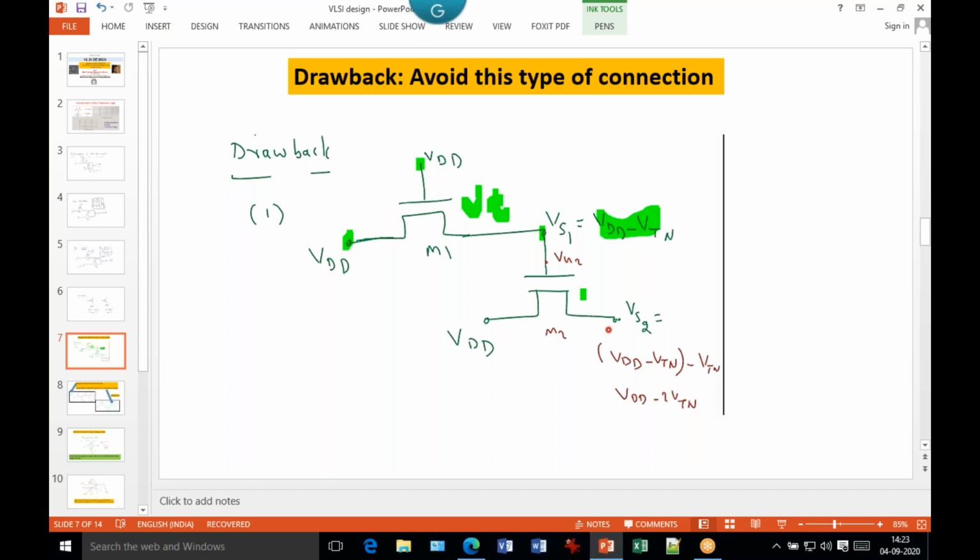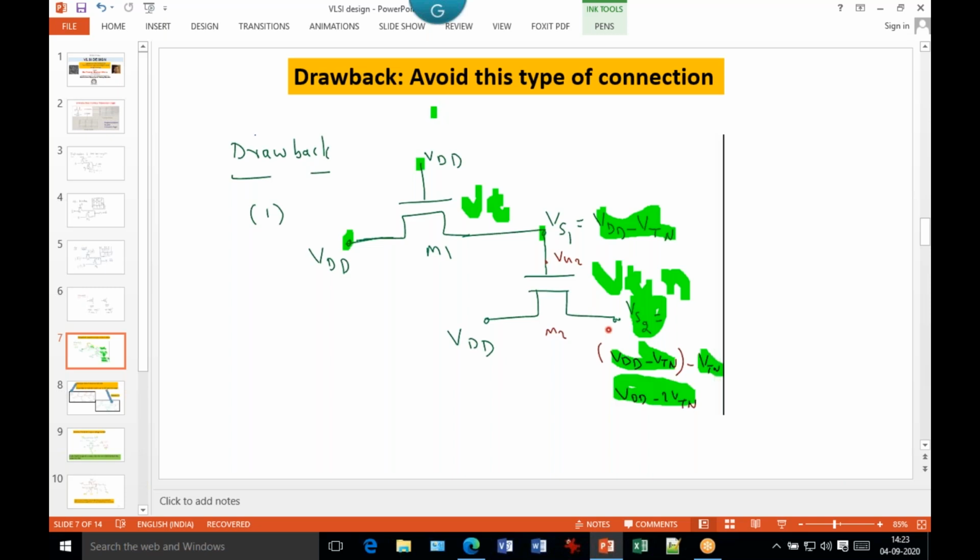So again, if you calculate this node's output voltage, this is VDD minus VT. And what is the threshold voltage of this one? VT. So you calculate this one, VDD minus 2 times VT. That means your output voltage is degraded.